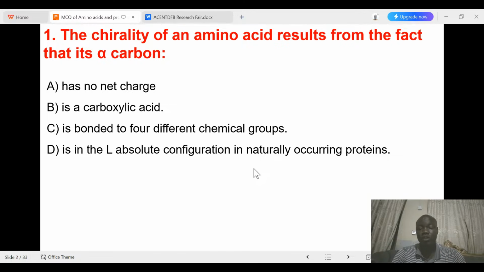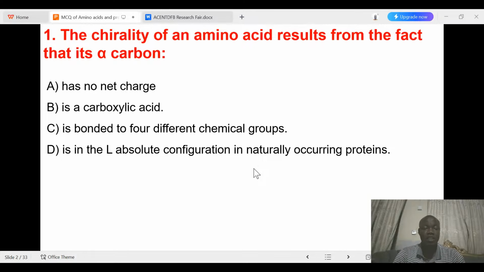Okay, Jasmine, good evening. So this is the question: the chirality of an amino acid results from the fact that its alpha carbon. A has no net charge. B is a carboxylic group. C is bonded to 4 different chemical groups.